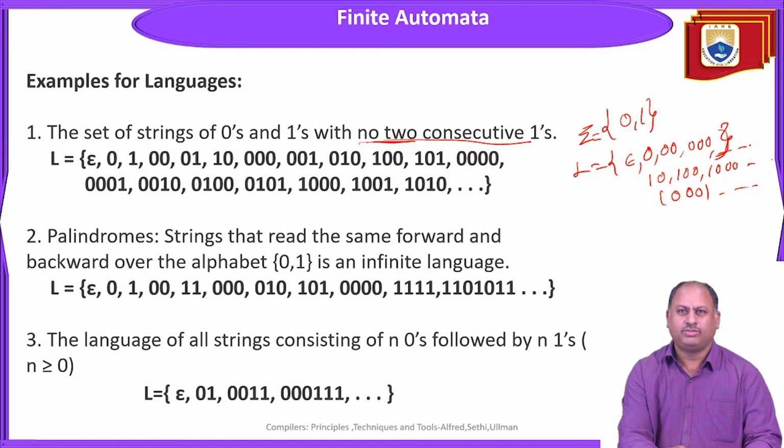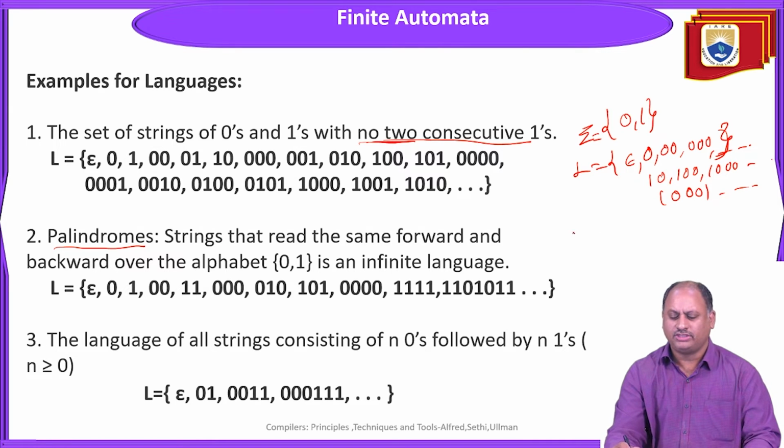Another example is a string that is read from both forward and backward so that we get the same result. Such strings are called palindromes. For example, if you read the string 0 0 0, the string read from the front is the same as the string read from the back.